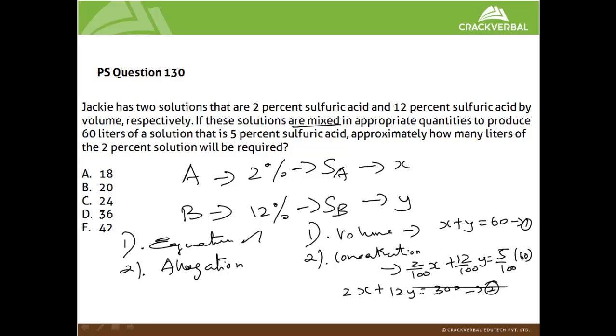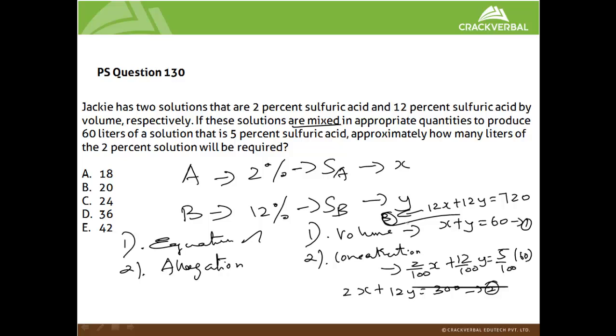All we need to do is find the value of x, how many liters of 2% solution will be required. So what we can do here is multiply the first equation by 12. You will have 12x plus 12y is equal to 60 into 12. 12 sixes are 72, so 60 into 12 is 720.